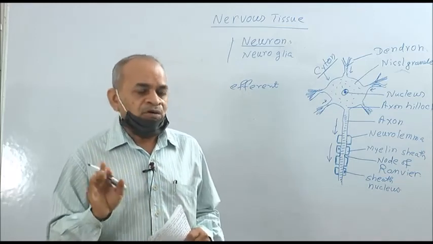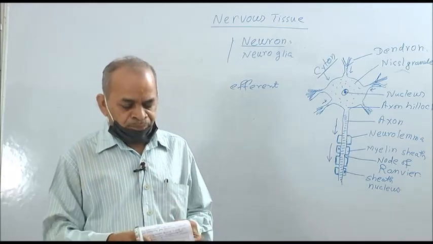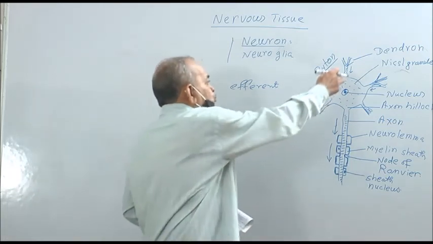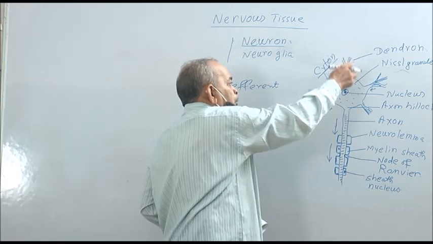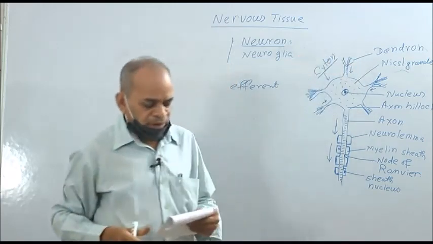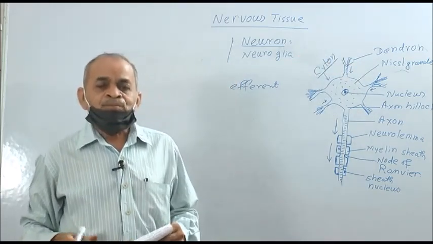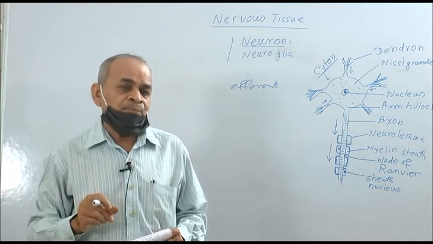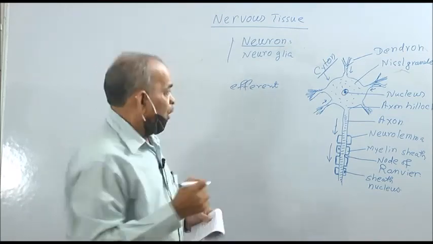So, single but constant. Then dendron, these are afferent processes because they bring impulses to the nerve cell. They collect impulses from other neurons and carry them towards the nerve cell.